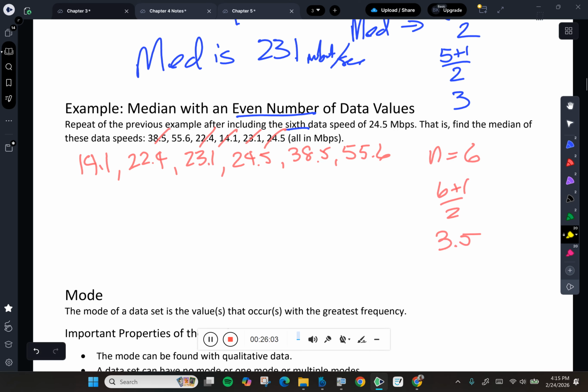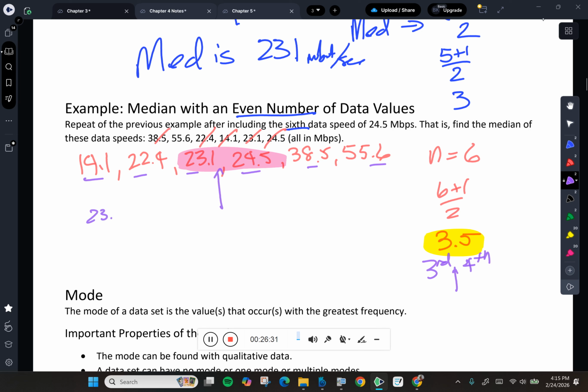3.5, I can't find a 3.5 number. So what that 0.5 tells me is it's somewhere between the third and the fourth. It's in the middle between the two. So first, second, third, fourth, fifth, sixth, it's right in between these two. So the way I'll find the median is by taking the mean of those two numbers.